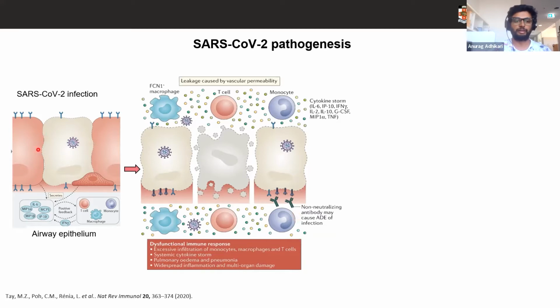I'm showing the airway epithelium, which is the primary infection initiation site, where in a dysfunctional immune response you will see excessive infiltration of monocytes, macrophages and T cells, which in turn induce a cytokine storm, which starts the pneumonia, followed by pulmonary edema and destruction of tissue cells, which favors widespread inflammation and leads to multi-organ damage.